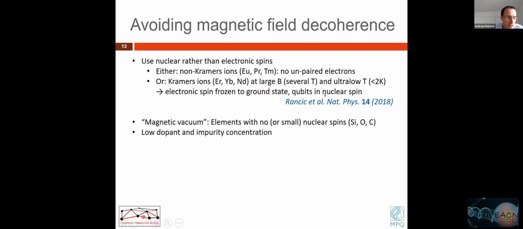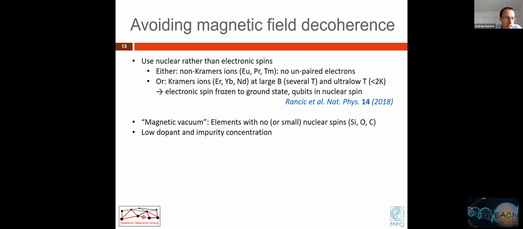Still, even though the coupling to nuclear spins can be weak, there will be some decoherence arising from the remaining coupling. If you want to avoid that, you would operate in a magnetic vacuum. So you would use a host crystal that consists of elements without or with small nuclear spins, such as silicon, oxygen, and carbon.